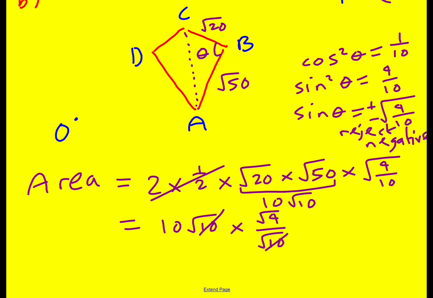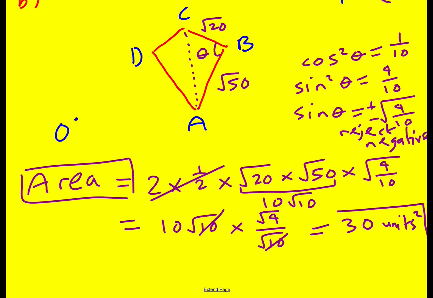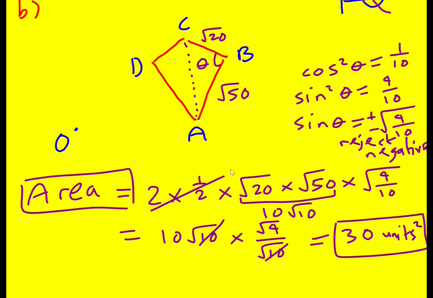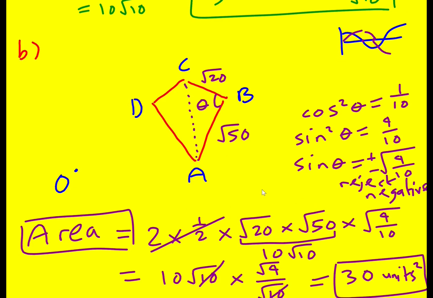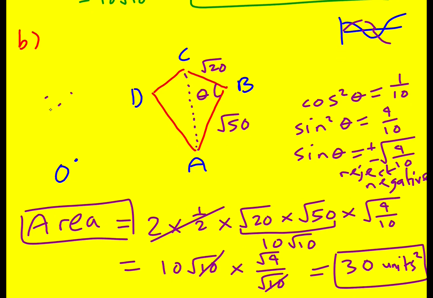These cancel, and root 9 is 3. So I'm going to get 30. We don't know what unit we're working in, so I'll write units squared. Really tricky if you don't get your diagram right, and if you end up putting B in the wrong place, but otherwise this is actually not too bad as well.